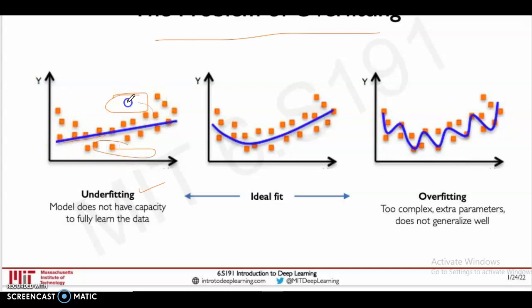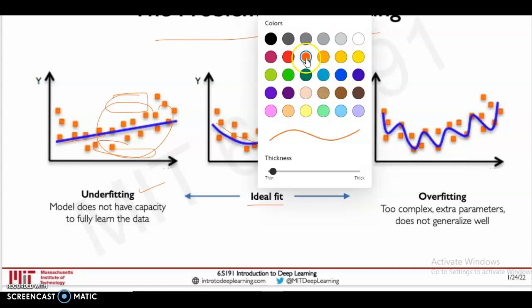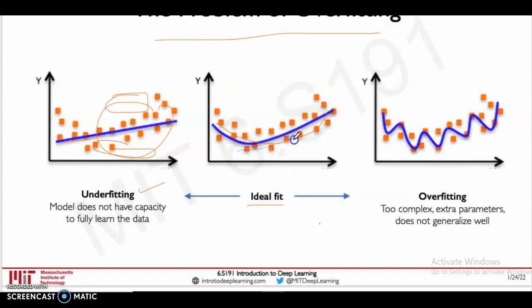Ideal fit: the model is flexible enough. Here there is more data, here less data only, but here not that much. Ideal fit.